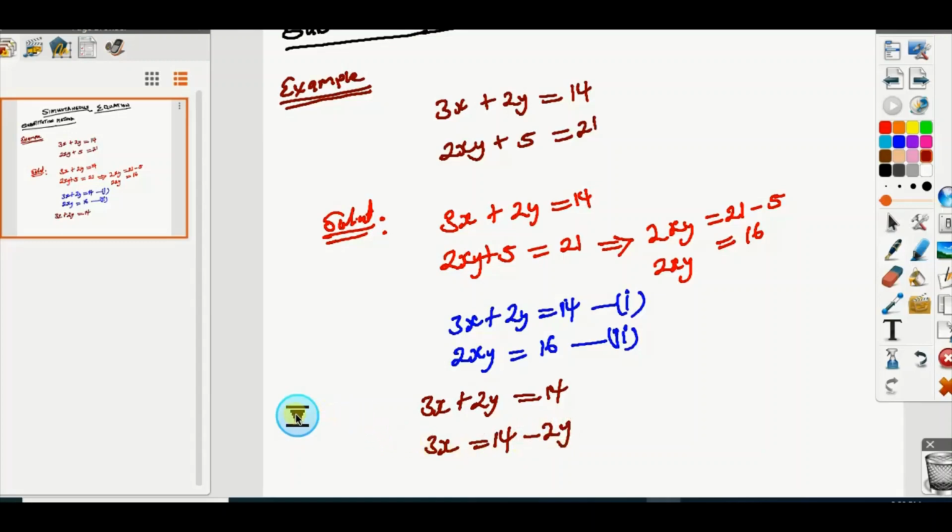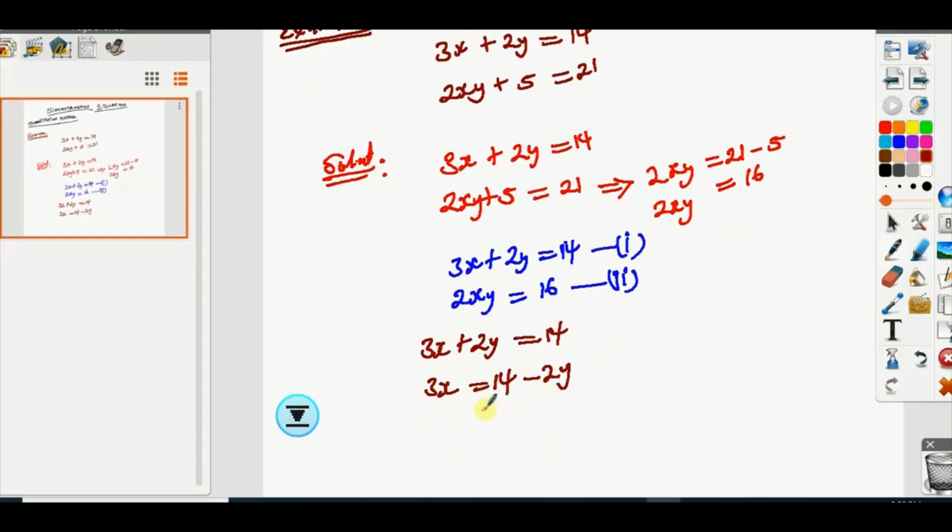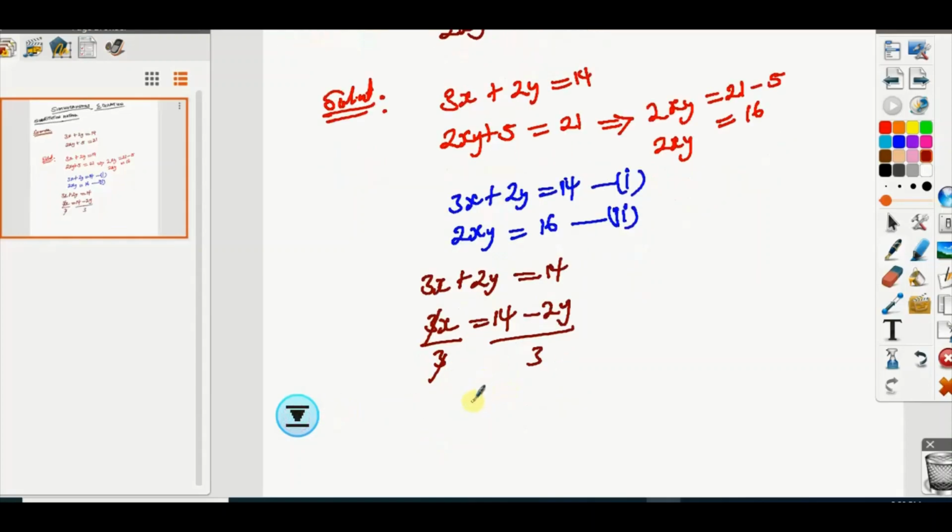Now we can divide both sides by 3 to eliminate this 3 here. 3 divided by 3 cancels, so x remains. We have x equal to (14 minus 2y) over 3. This forms equation 3.